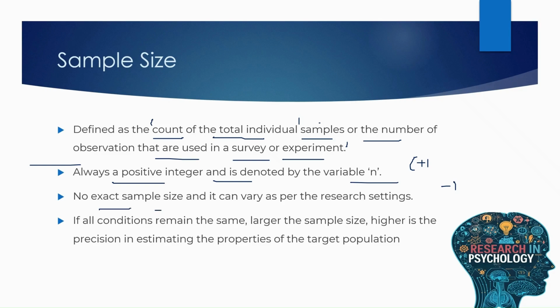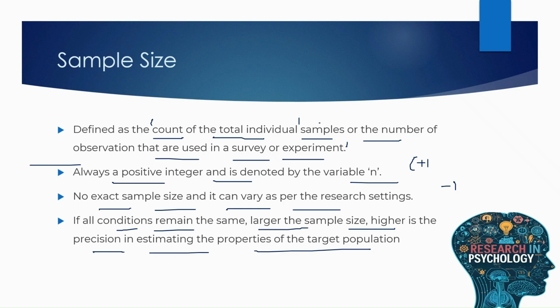There is no exact sample size, as it can vary as per the research setting. So we cannot generalize that the ideal sample size should be this or that, because the ideal sample size will differ and vary according to the research or study that is being conducted. If all conditions remain the same, which means if the sampling is random and a true representation, then the larger the sample size, the higher the precision in estimating the properties of the target population.